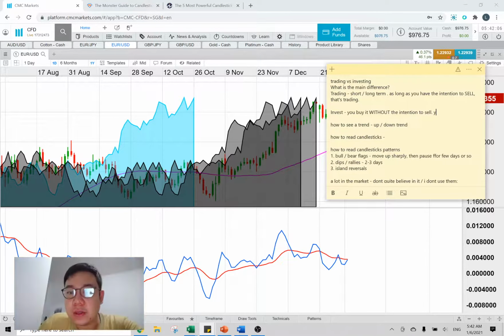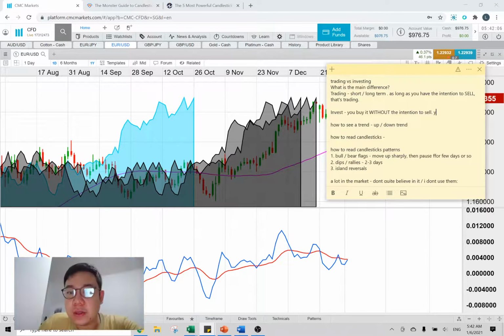For example, this piece of property or this piece of jewelry is handed down by my ancestors or great grandma or grandparents. I am not going to sell it.